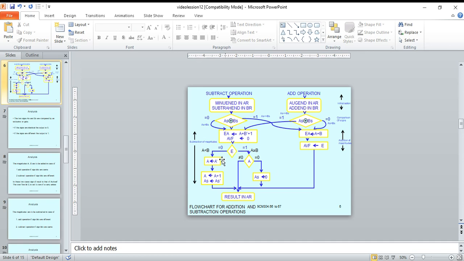By this it will check whether E equals 0 or not. Sorry, we'll check it once again.